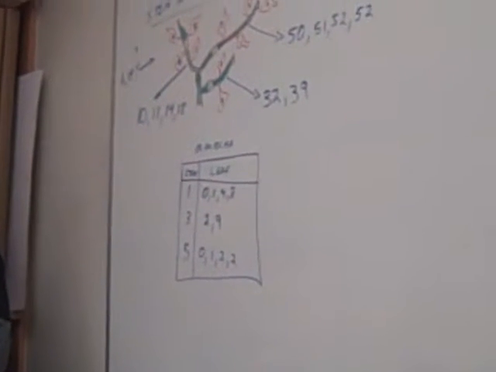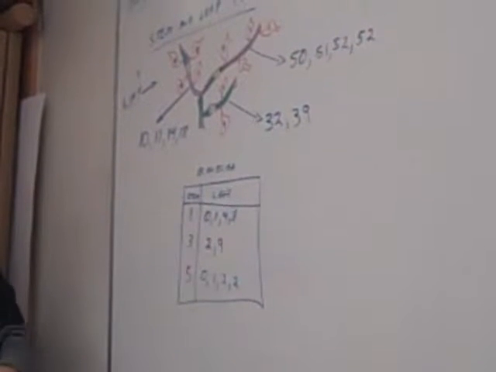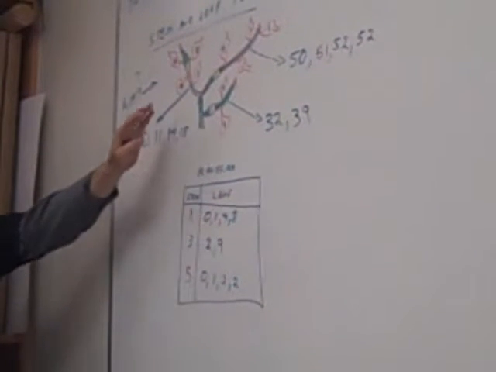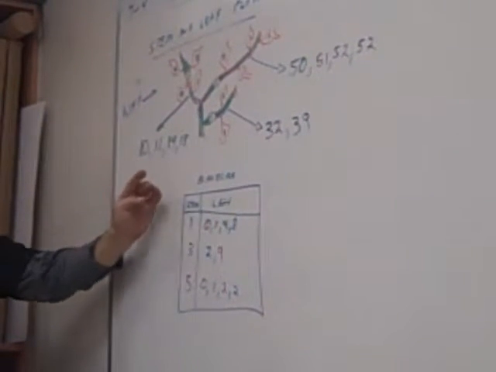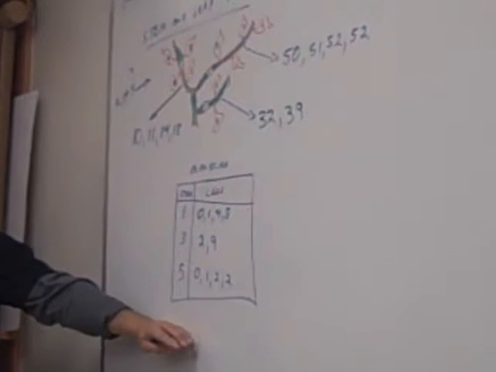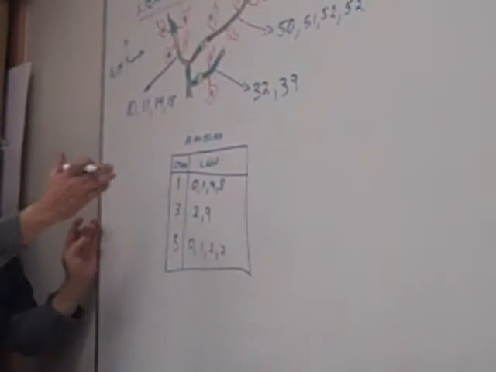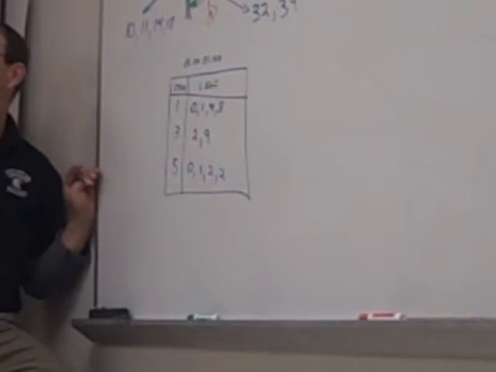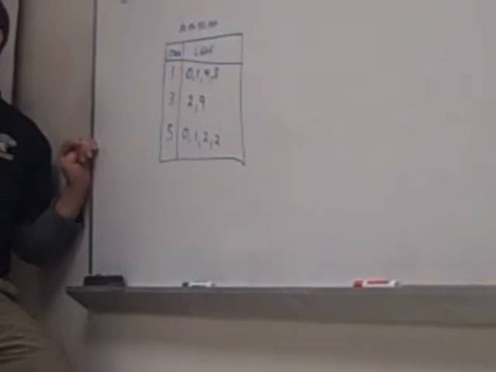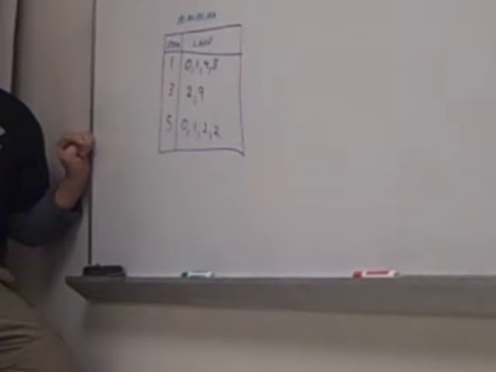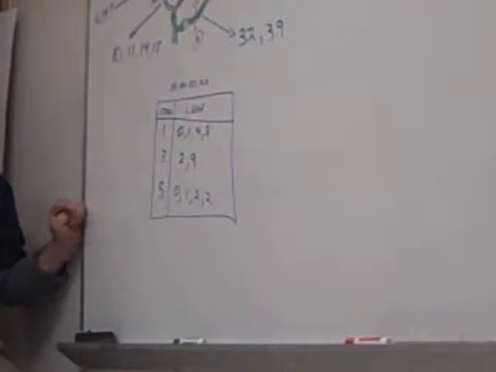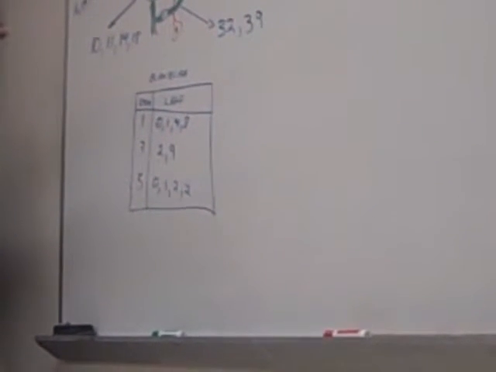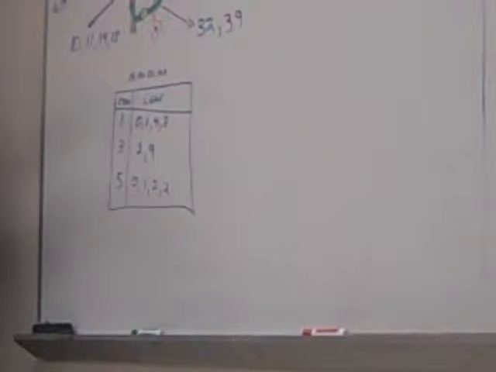Okay? This is what it's going to look like. It's not going to look like the tree. It's going to be in a box or chart form with a stem and some leaves hanging on it. And that represents the data. Okay? Now, let's go down here and let's make one and see if it comes out clear.